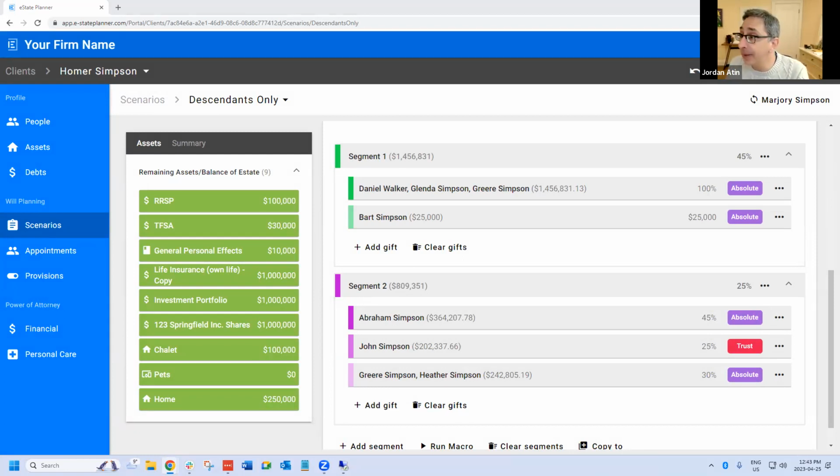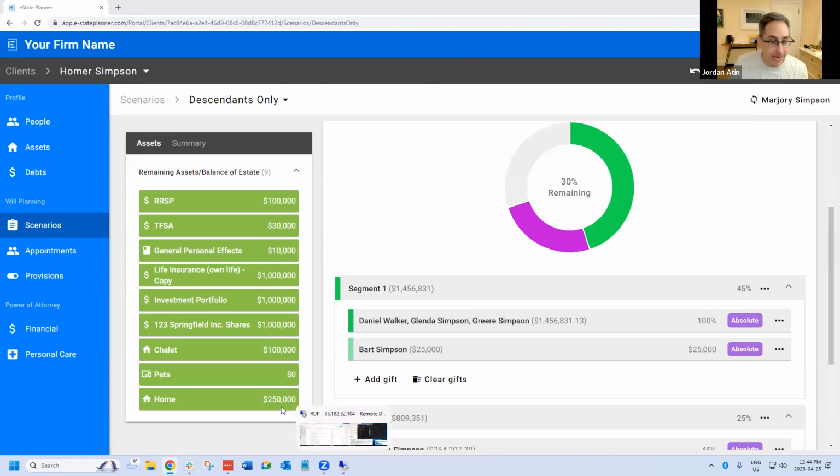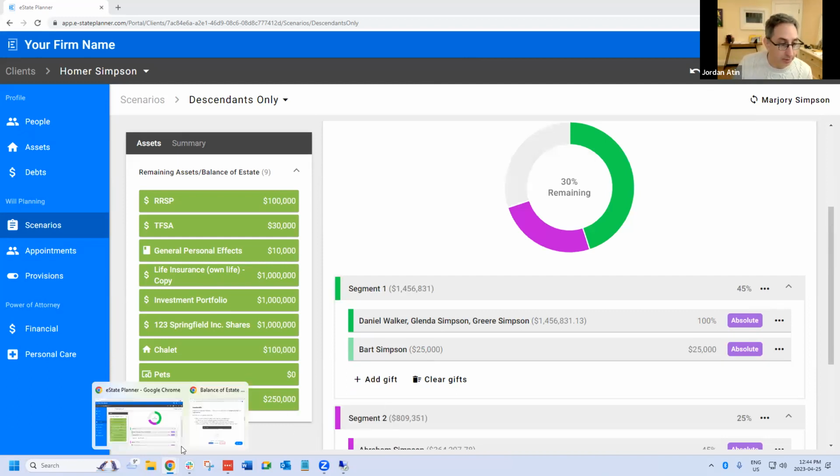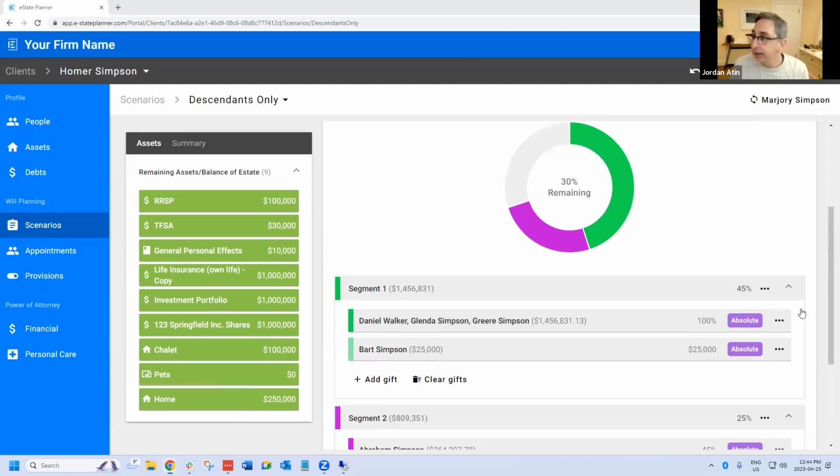If we have 3 children as beneficiaries, all getting equal shares, but one needing a Henson trust, are you saying we create one segment and then add them this way? Well, what I would do is you create separate segments for each of the kids. So this is the situation. This is not unusual. Let me go back to my comment here about when do you need a complex gift?